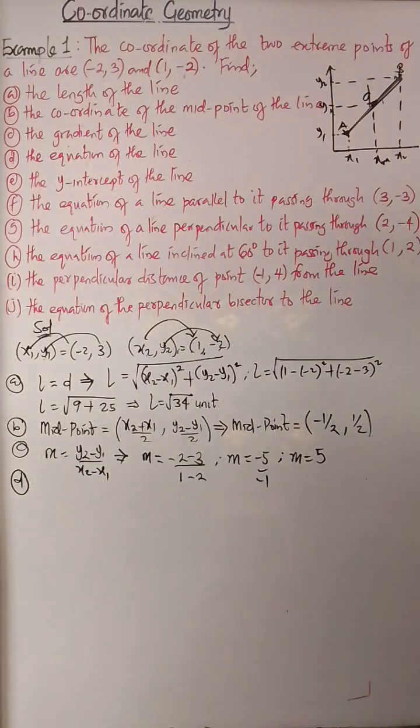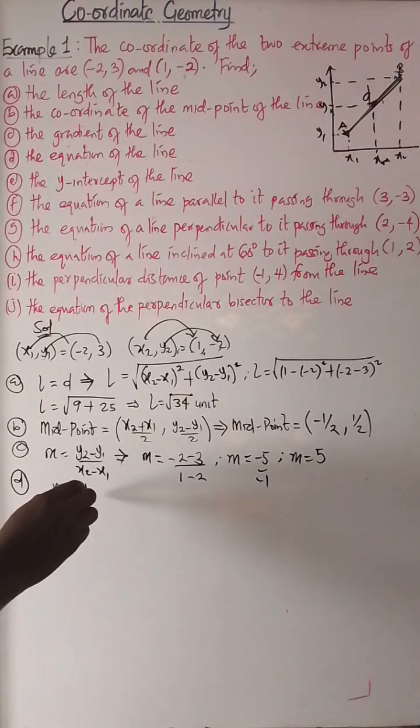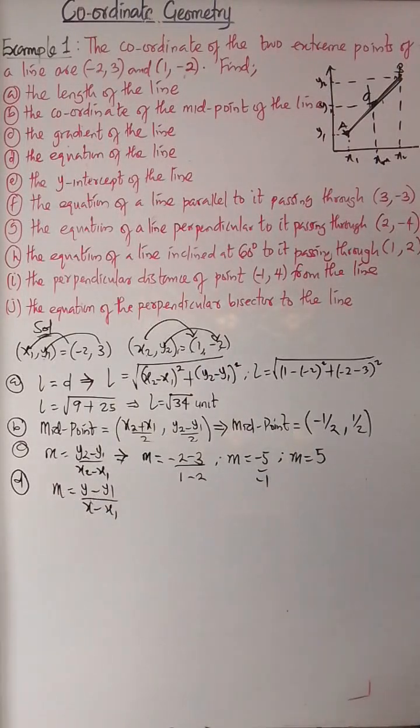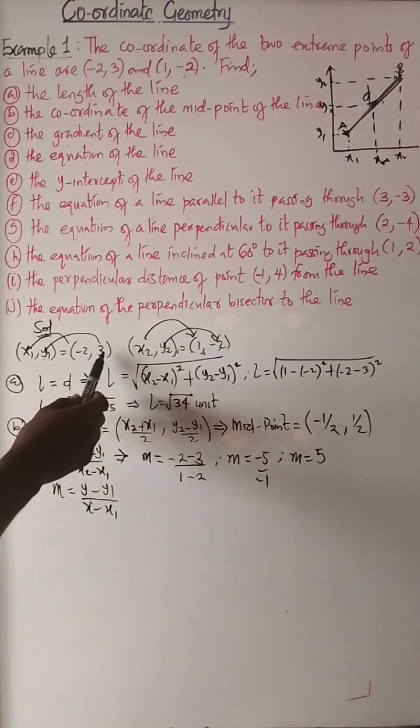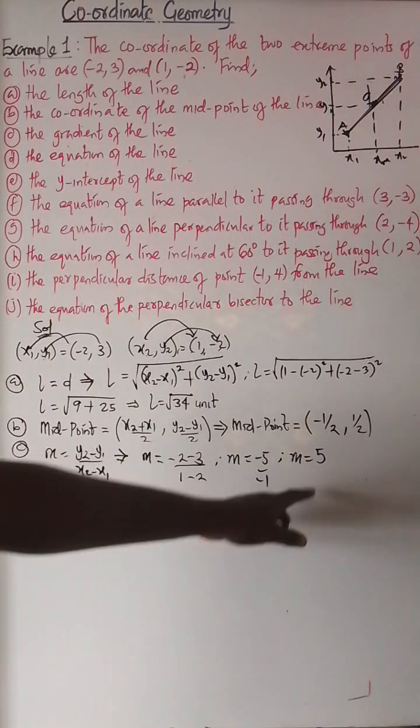D, the equation of the line. How can we get the equation of the line? We have y equals mx plus c, but we don't know the intercept. So I have to use the second one. m equals y minus y1 over x minus x1. So we know y1 should be 3 and x1 to be what? But what about m? We've already gotten m to be 5.